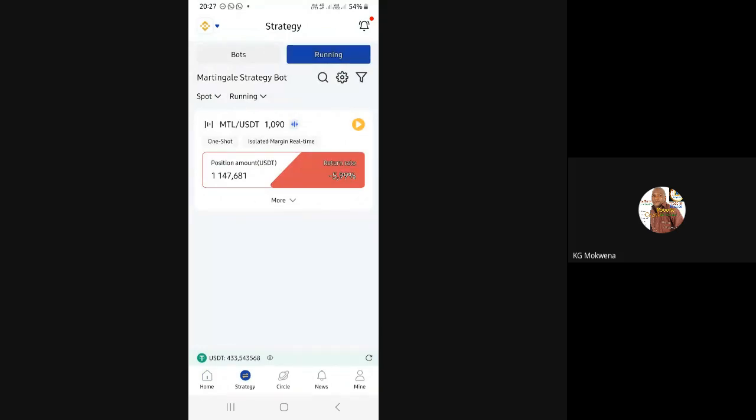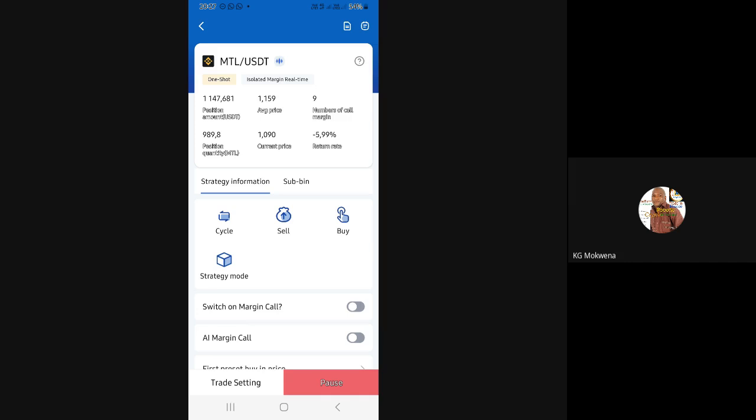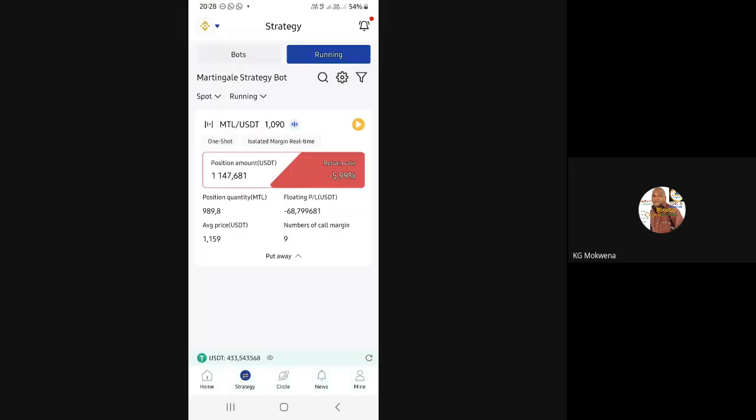I see we are out of... Okay, we want to see the numbers, more information, because at the moment it's still on 1,090. The price of the asset is still at 1,090. So it means anytime.